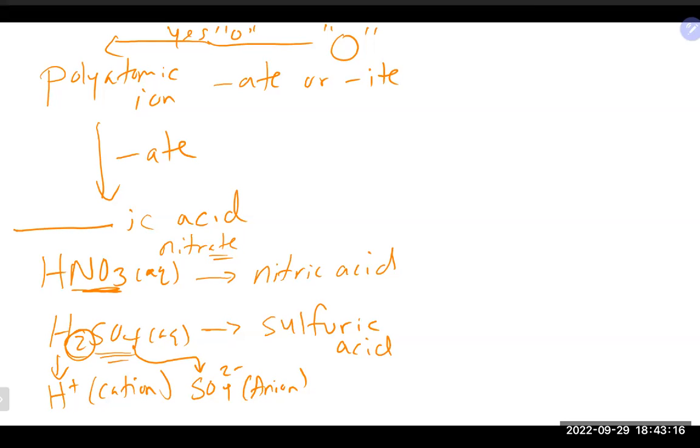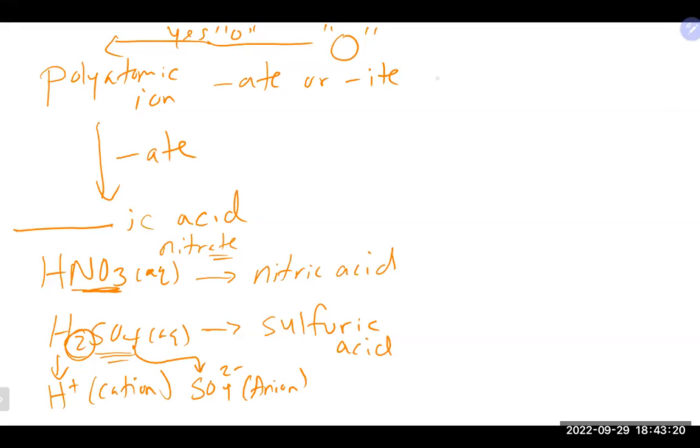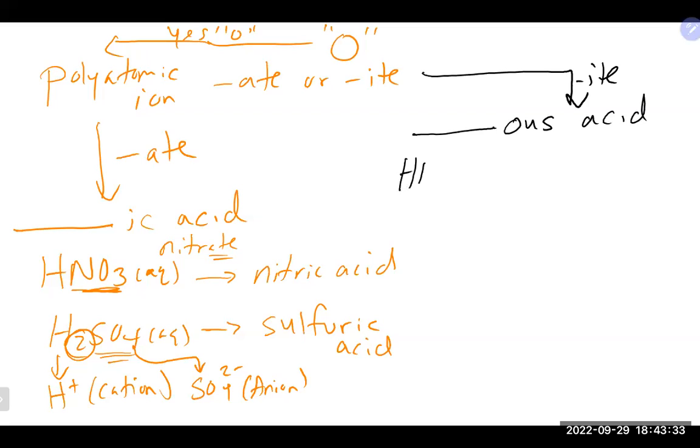Now, if it does contain oxygen and your polyatomic ion ends in ite, then your acid name will be something-ous acid. So if you had HNO2, NO2 does contain oxygen, that is nitrite.